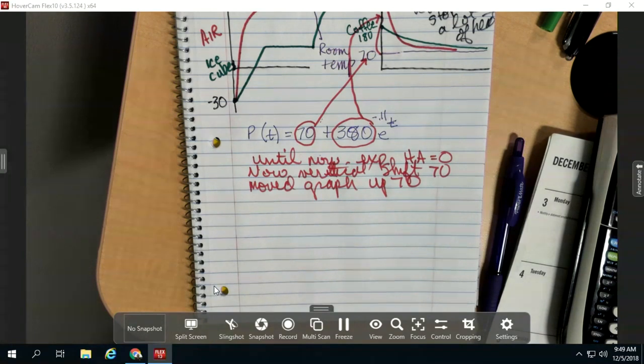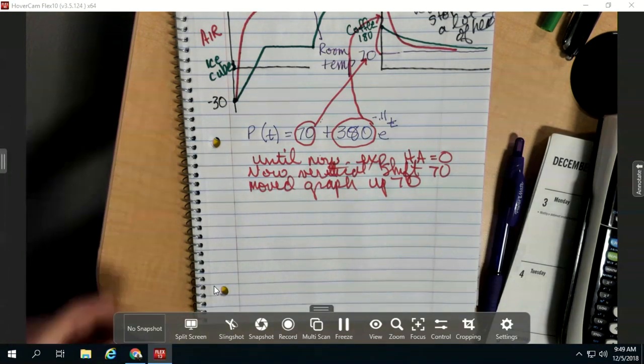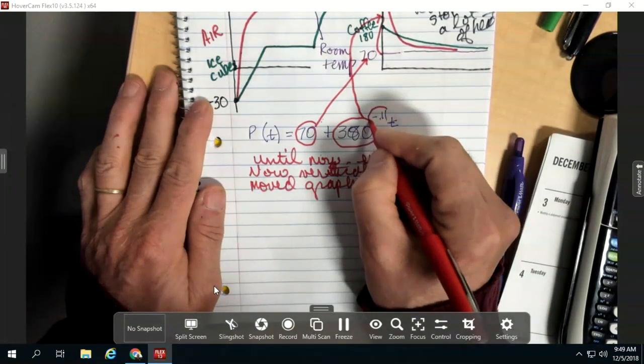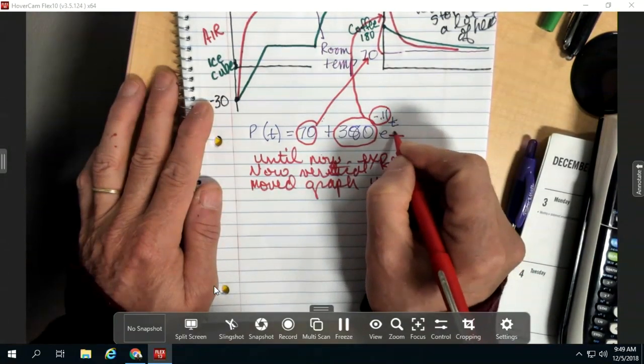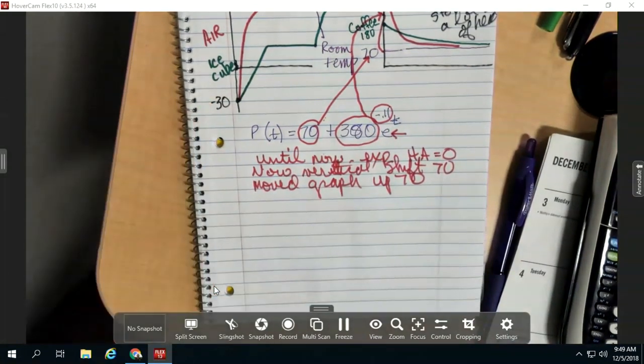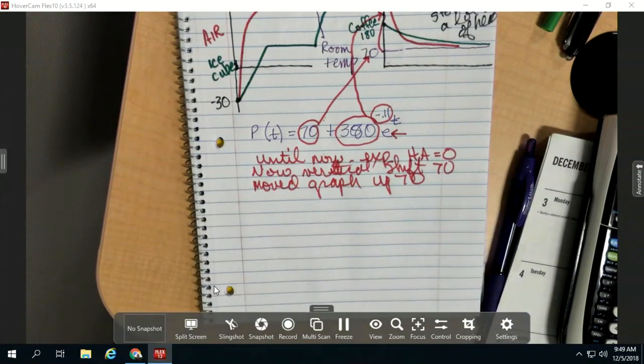All right. Now, they have this negative 0.11 t, and they have our growth factor as e. Does anybody remember what the value of e is approximately? e is about, what do you get, Laura? 2.7 something, right?